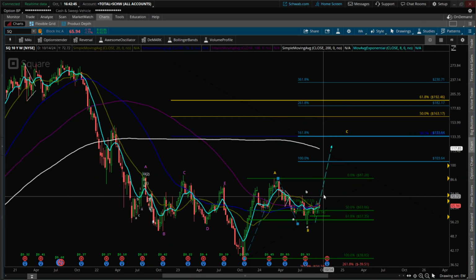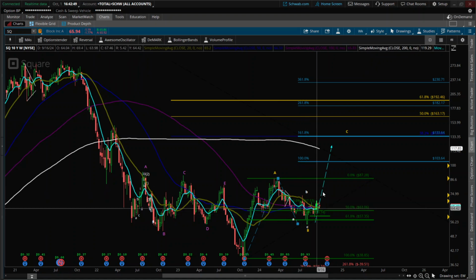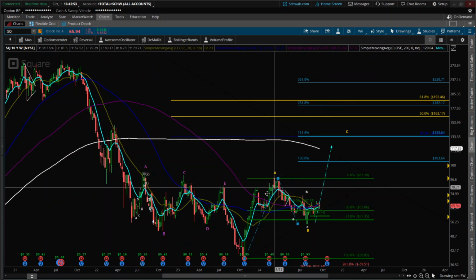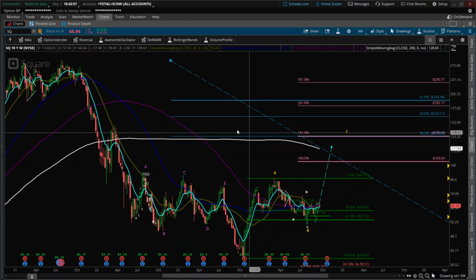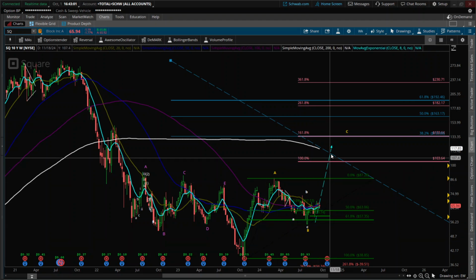If you're looking for a deceptive move like a 1, 2, 3, and some people say 4, 5 and get stuck in here, then we're looking at the 162, which would bring us to the 382 of this entire move. Okay, so that's a good level right here, all the way up here.